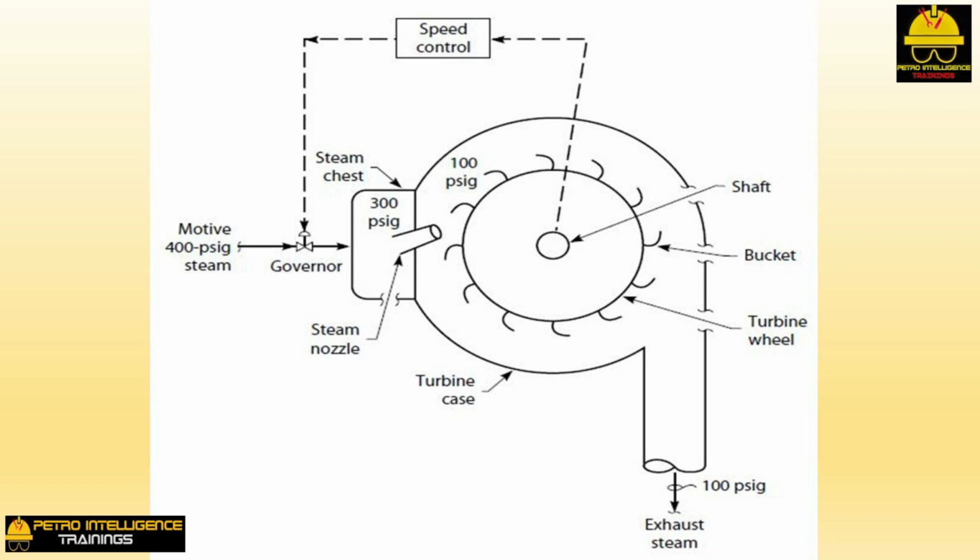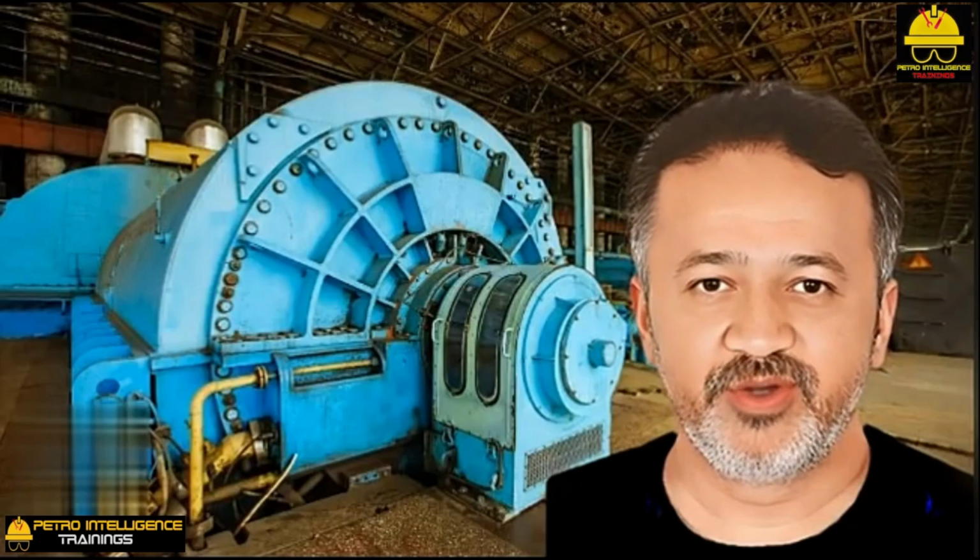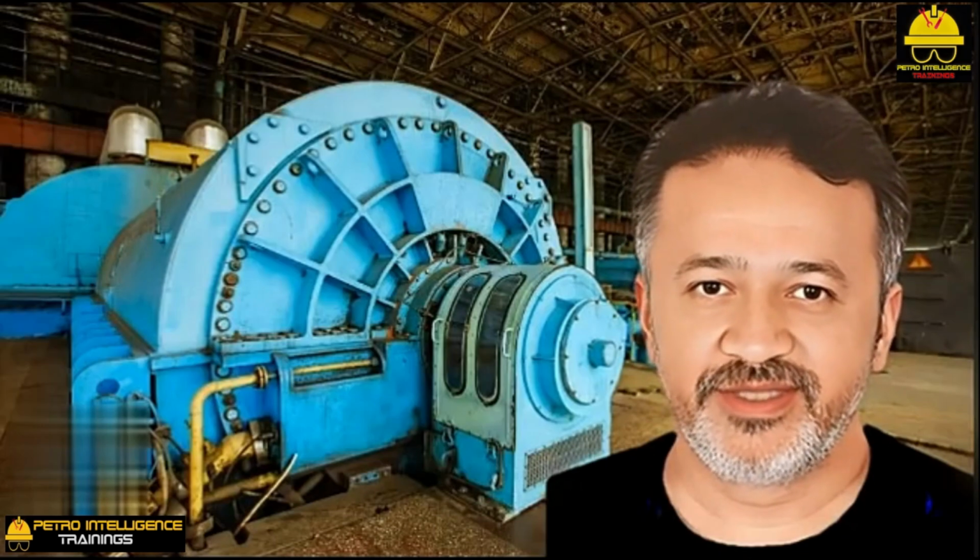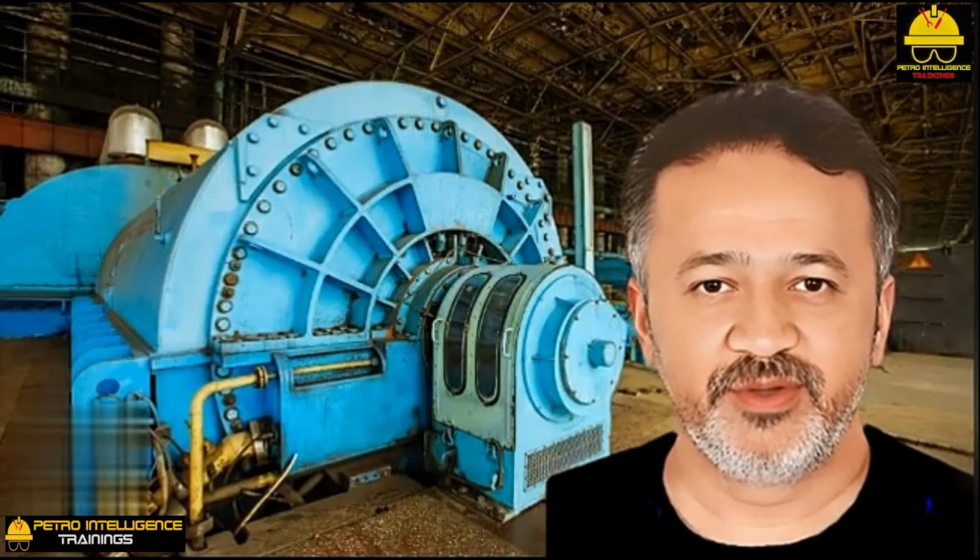What, then, would be the velocity of the steam if the exhaust pressure were 76 mm of mercury or 1.5 psia? 25 feet per second times 45 psia divided by 1.5 psia equals 750 feet per second. No wonder the work we can extract from a condensing steam turbine is so much greater than with an extraction, or topping, turbine.